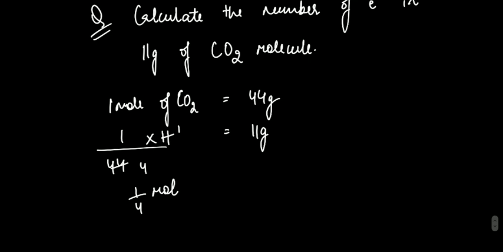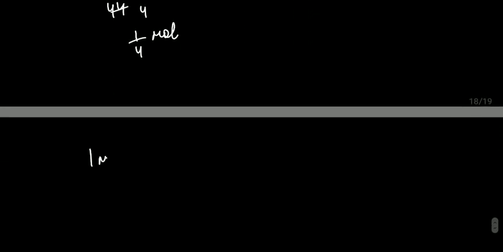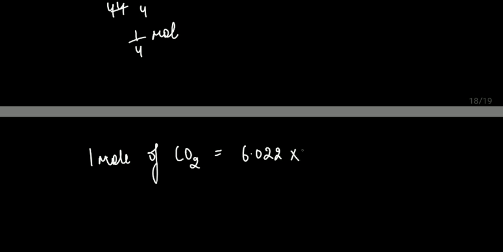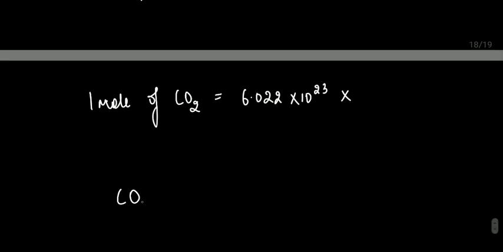Moving ahead, calculate the number of electrons. We know 1 mole of carbon dioxide is equal to how many electrons? We know the Avogadro constant is 6.022 into 10 raised to the power 23. We need to multiply by the total number of electrons in carbon dioxide. We can add the atomic numbers for electrons because nothing is getting lost from the entire molecule.